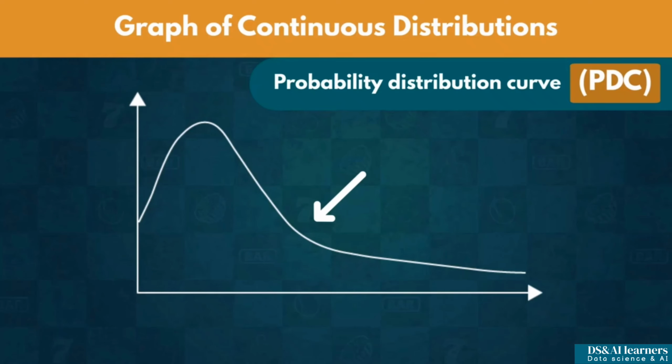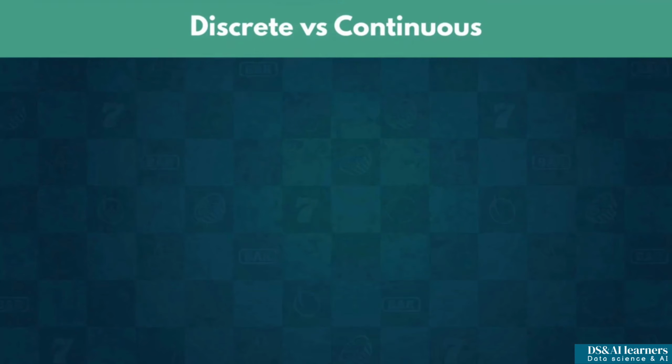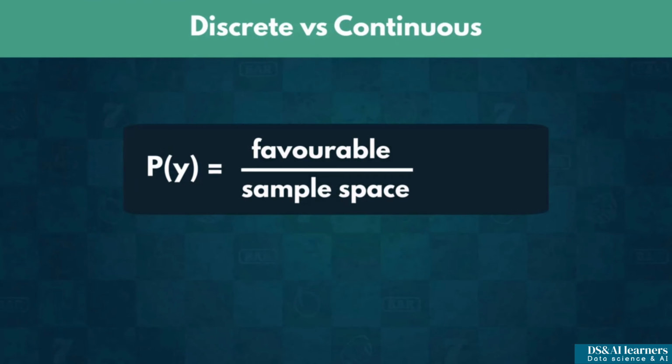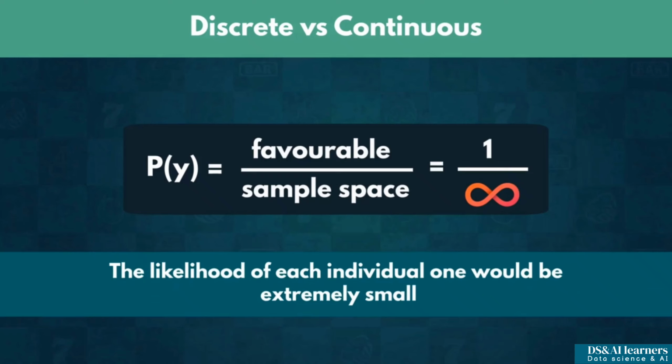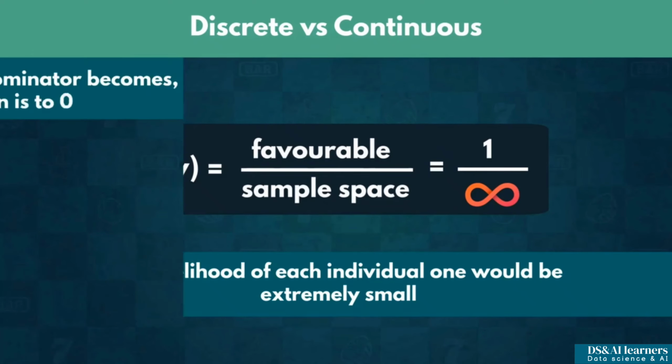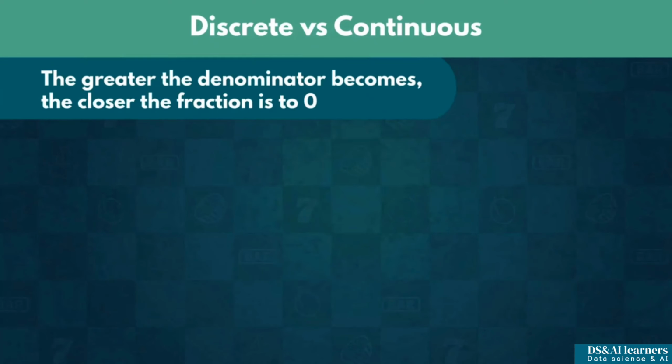Now on to some further differences between discrete and continuous. Imagine we used the favored over all formula to calculate probabilities for such variables. Since the sample space is infinite, the likelihood of each individual one would be extremely small. If we assume the numerator stays constant, algebra dictates that the greater the denominator becomes, the closer the fraction is to 0.